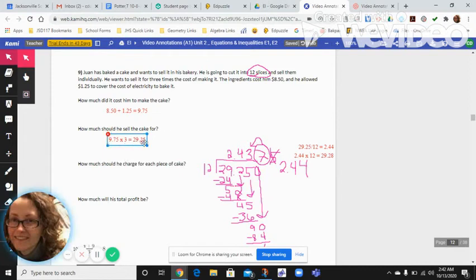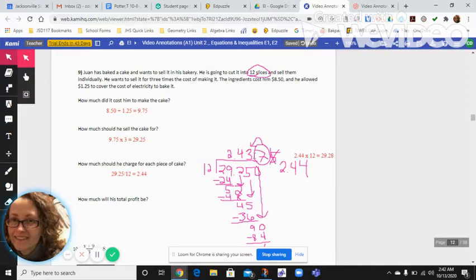So now that we know how much we're going to sell the entire cake for, how much should he charge for each piece of cake? Well, I'm going to take that $29.25 and divide it by 12. Now see, if I'm using my long division, I actually get 2.4375.